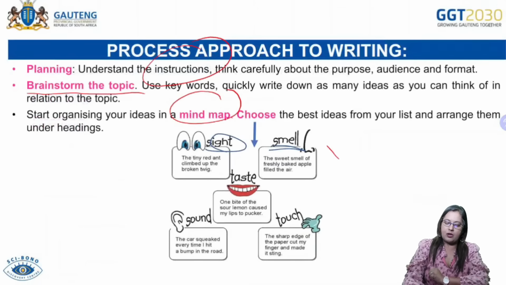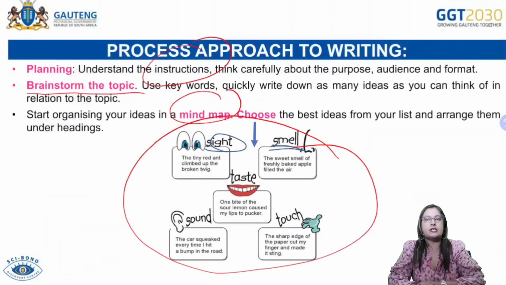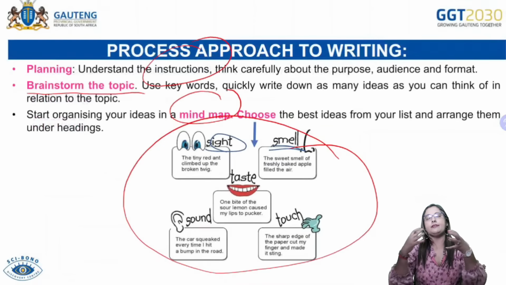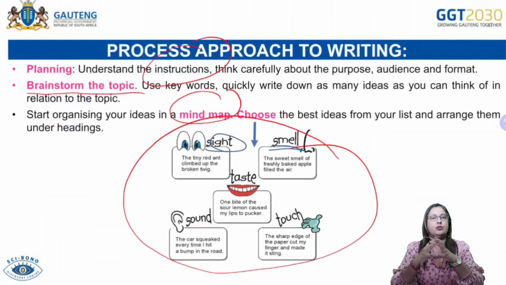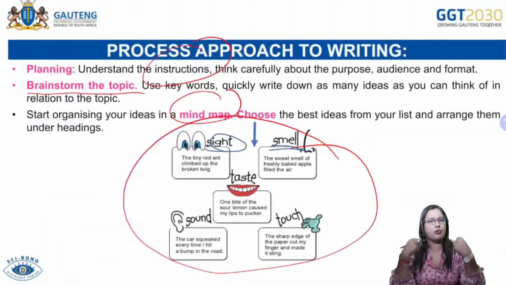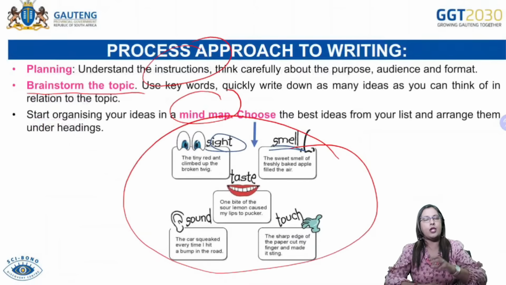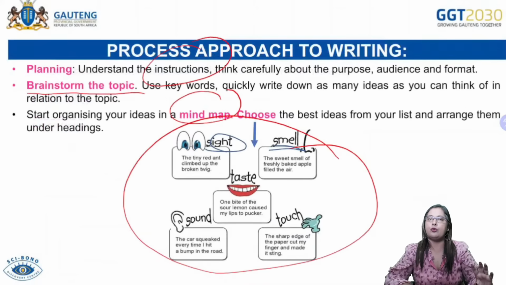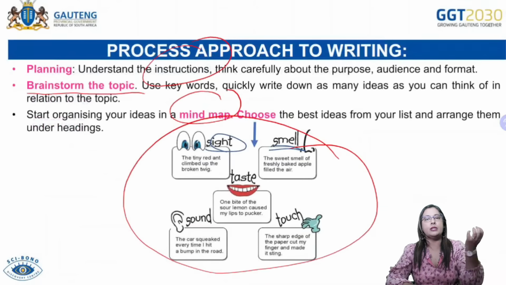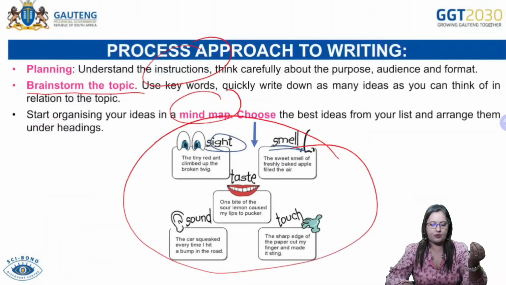All right. Now, if we're looking at this here, this is the particular diagram that is given to you. It is kind of a mind map, all right? Now, if you really want to make sure that you are going to capture the attention of the reader, you're going to keep them engrossed throughout, you're going to make sure that it's a good read for them, then you can probably most likely target this kind of setup, where you dedicate a paragraph or two, for example, dealing with the imagery of sight, all right?